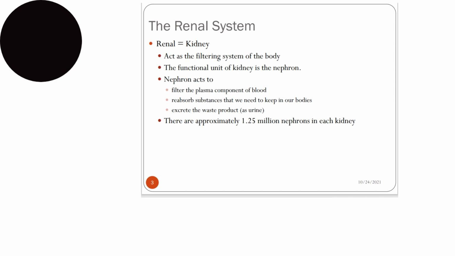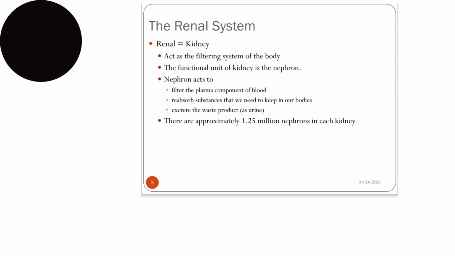If there is too much water in the human body, the kidney will excrete it. If water in our body is insufficient, ataupun kurang, our kidney will retain it, preventing removal of water from our body. So the functional unit of the kidney is the nephron.